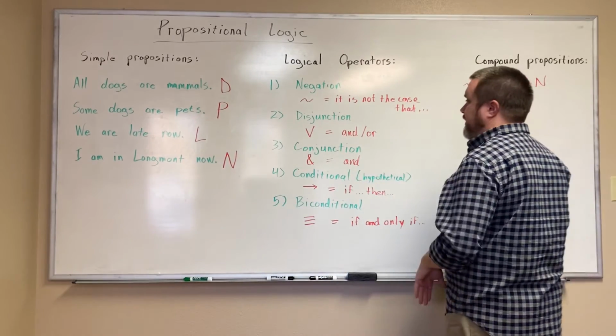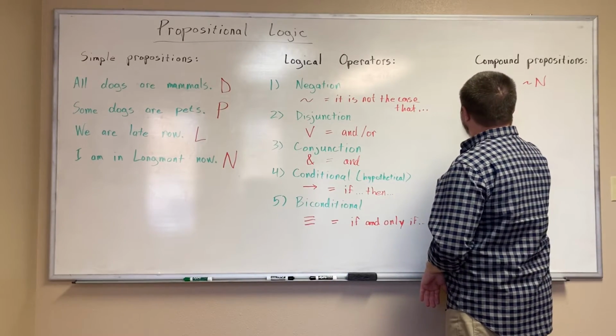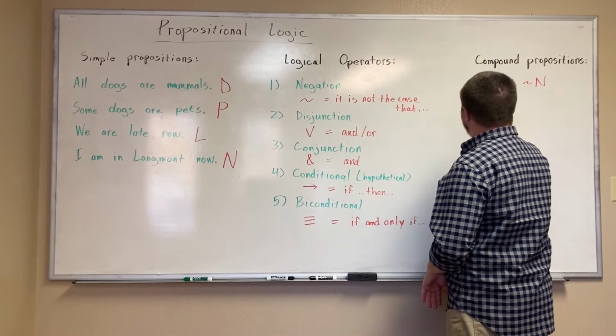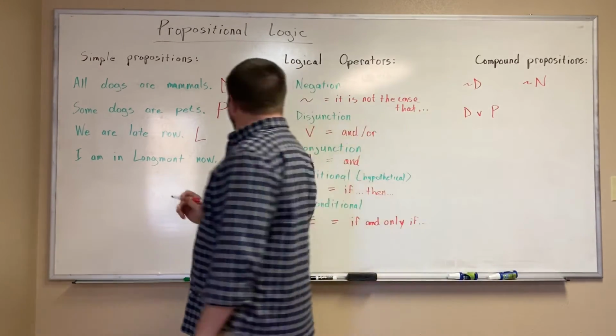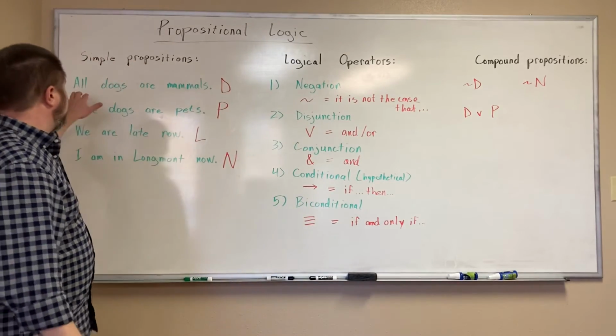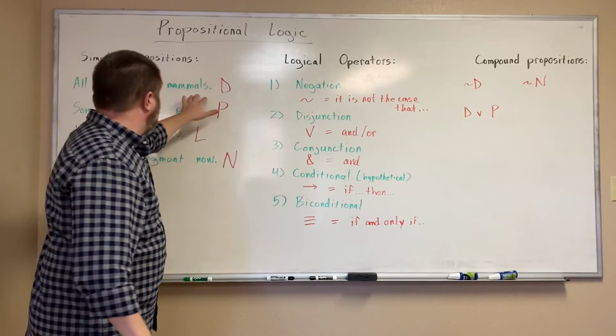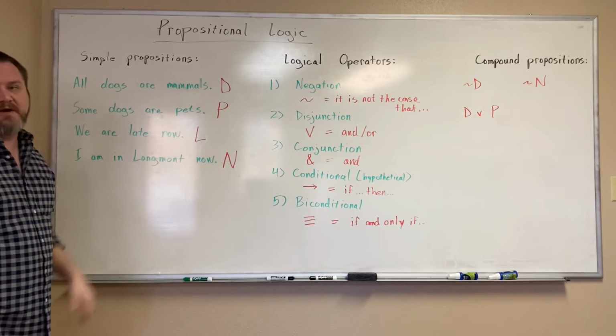Disjunction, we could say D wedge P, and that's saying that all dogs are mammals and/or some dogs are pets.